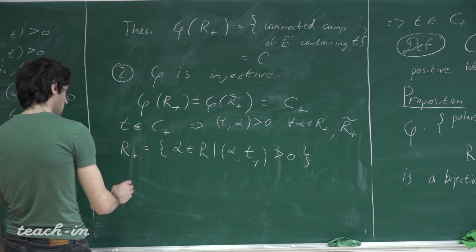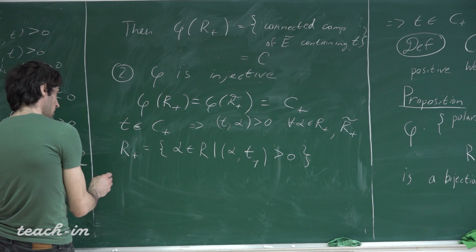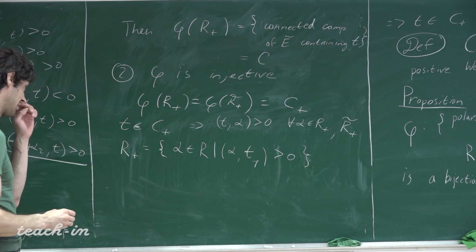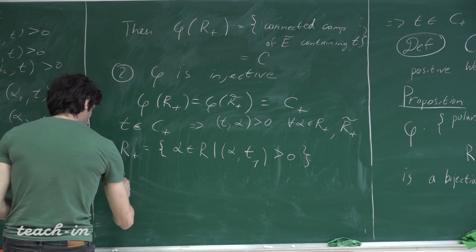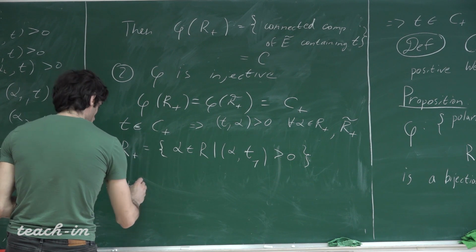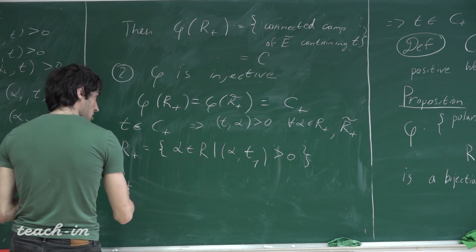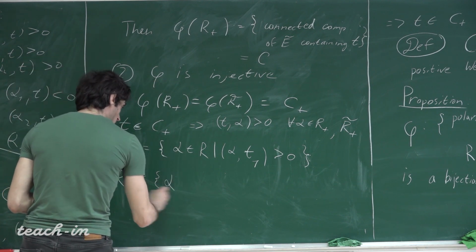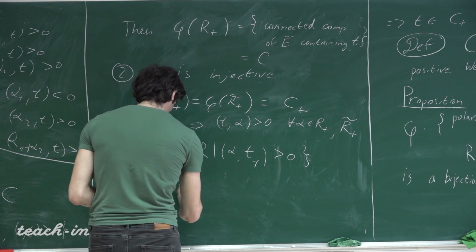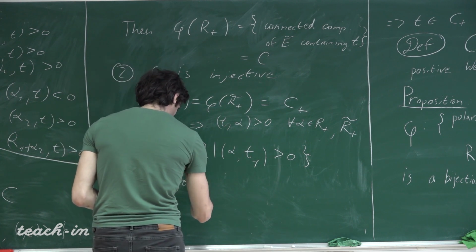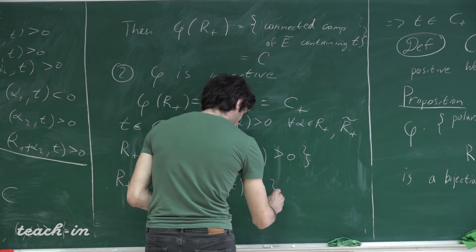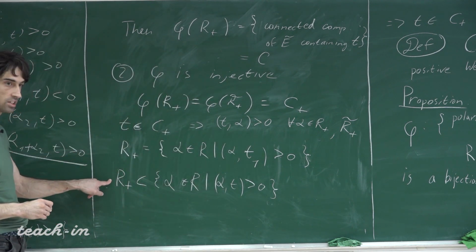Then we have that R plus is inside the following set: alpha in R such that alpha with t is greater than 0. So this line implies this, right?